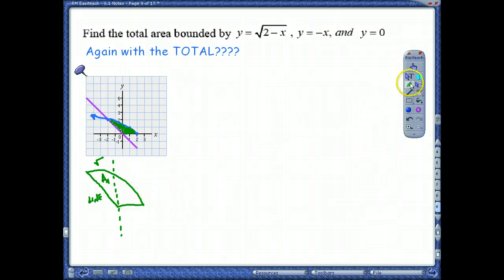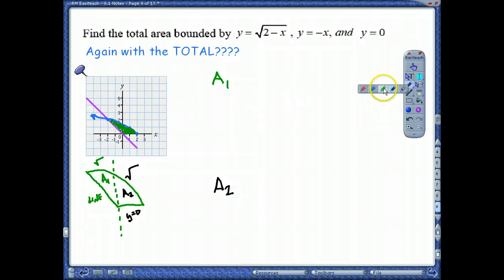In area 2, my top function is that square root, but the bottom function is that y equals 0 line. So the top function and the bottom function are not the same throughout the whole entire shaded area. So that means I have to split this up into two separate areas. So area 1 and area 2.